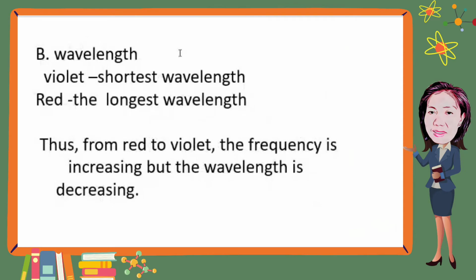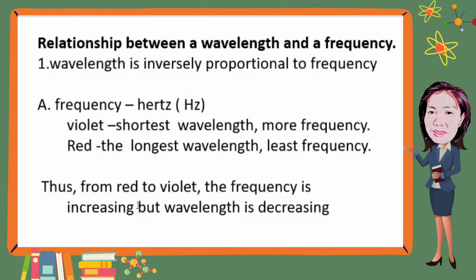In terms of wavelength, the color violet has the shortest wavelength. Red has the longest wavelength. Thus, we can say that from red to purple or violet, the frequency is increasing. Okay? But the wavelength is decreasing. So what is now the relationship between the wavelength and frequency? The relationship between wavelength and frequency is inversely proportional.